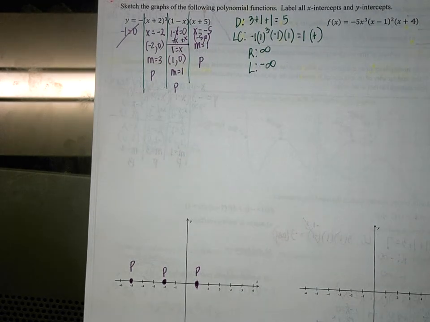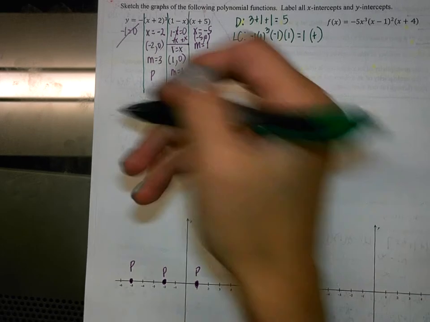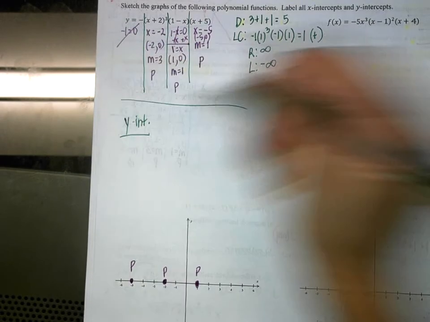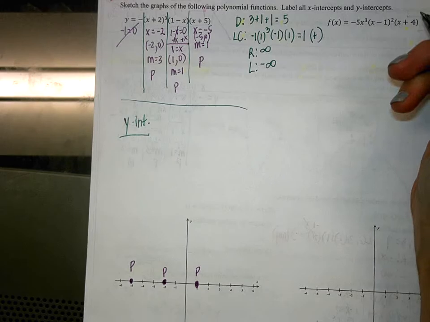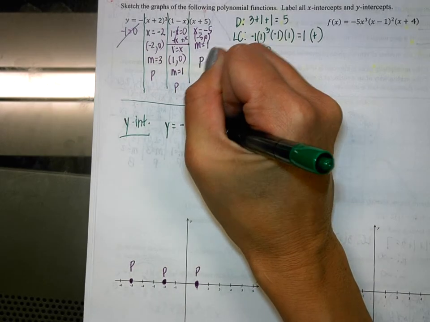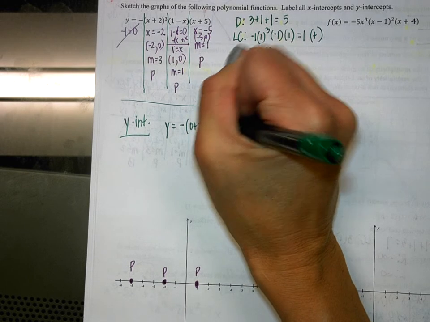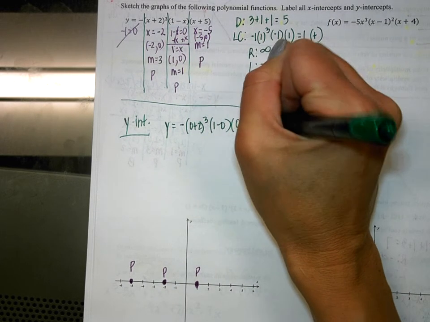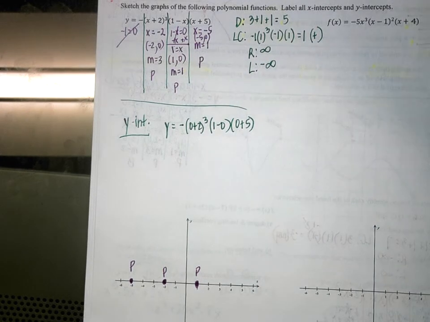Next I'm going to find my y-intercept. My y-intercept is where I plug in 0 for x and solve for y. y equals negative times 0 plus 2 cubed times 1 minus 0 times 0 plus 5. So all I did is plug in 0 for x.